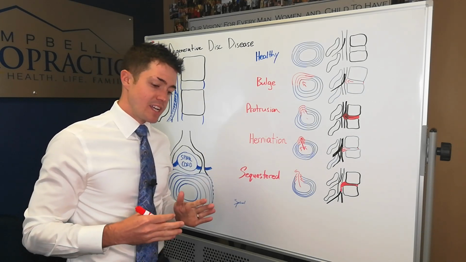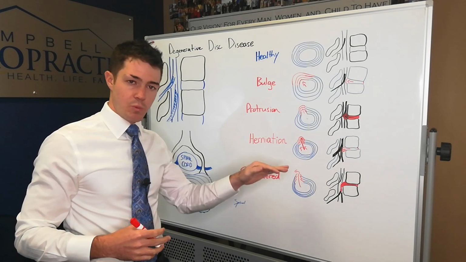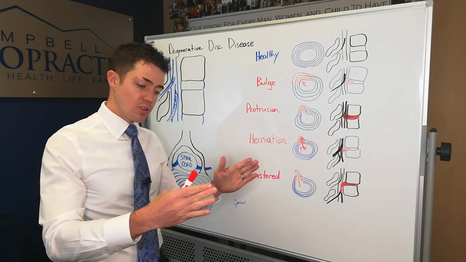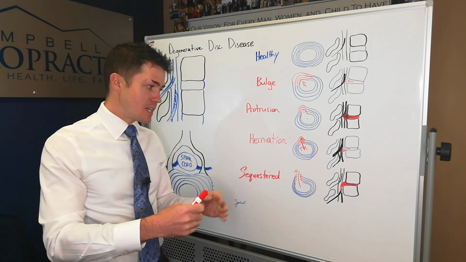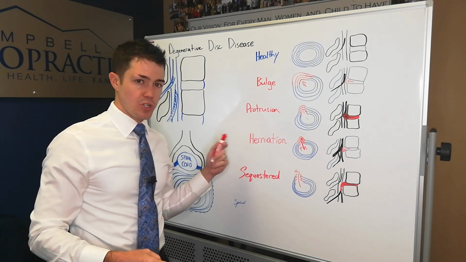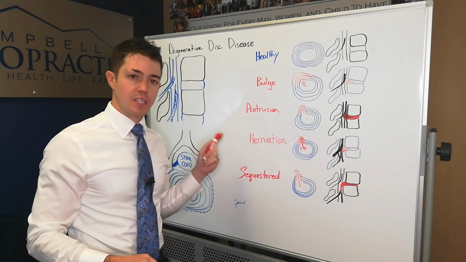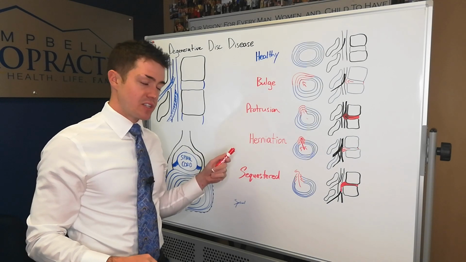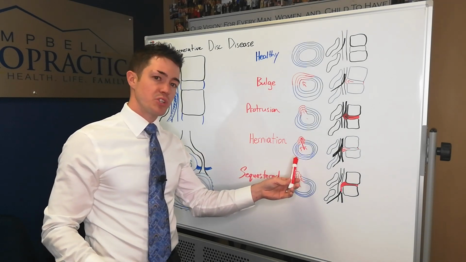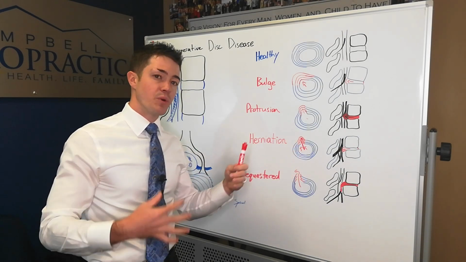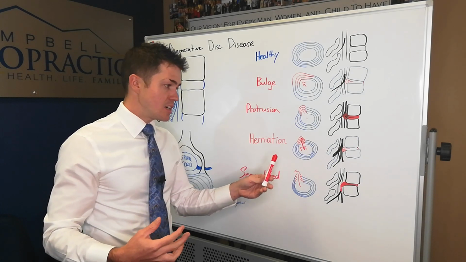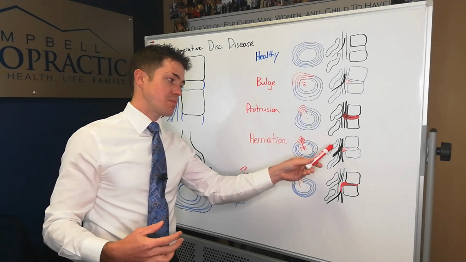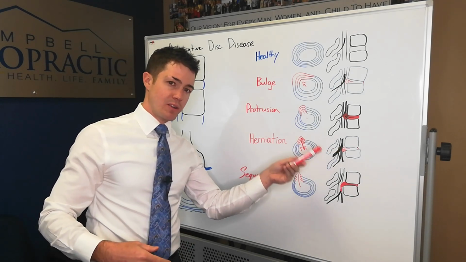Again, it's extending further out past the normal boundaries, and it's typically more sharp, more pinpoint, because this is always trauma related. This is due to some sort of single event starting this process, pushing the jelly really sharply, tearing through multiple layers of those rings, creating a lot of pressure back into the spinal cord and spinal nerve.